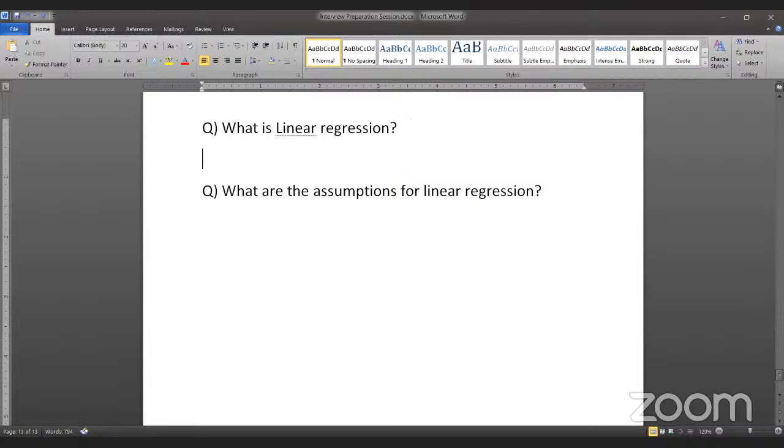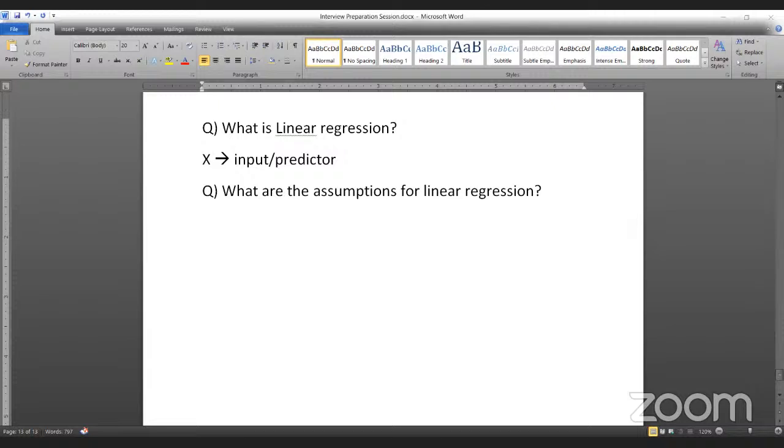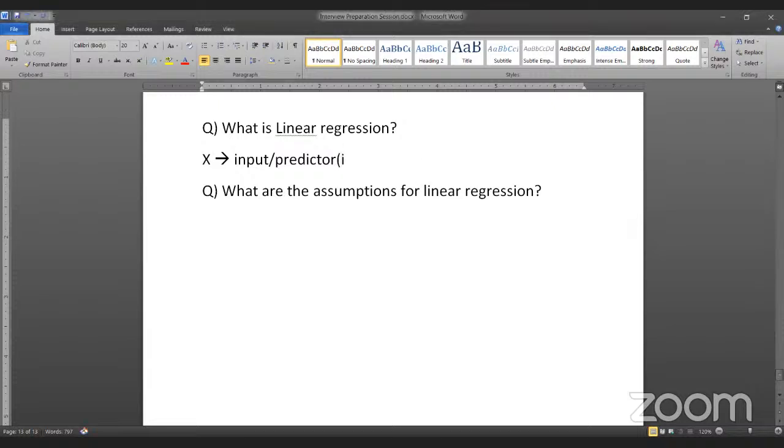Let me just write here. Suppose X is the input variable, or you can say predictor, and they're independent.